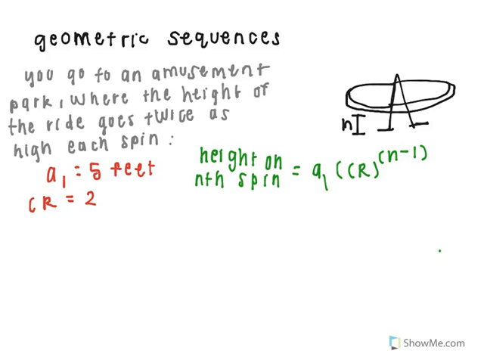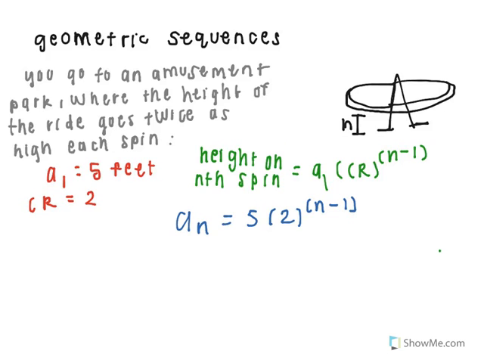So if we were to plug in our variables for the nth spin, our equation would be a sub n equals 5 times 2 to the power of n minus 1. And you use n minus 1 because you're multiplying by the previous term.